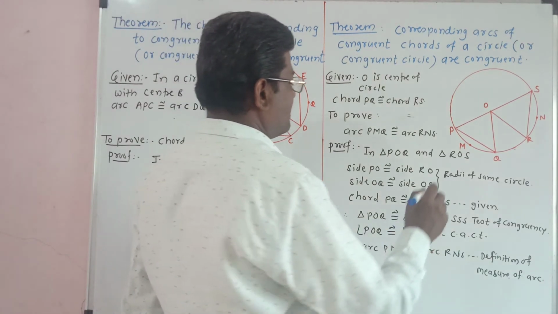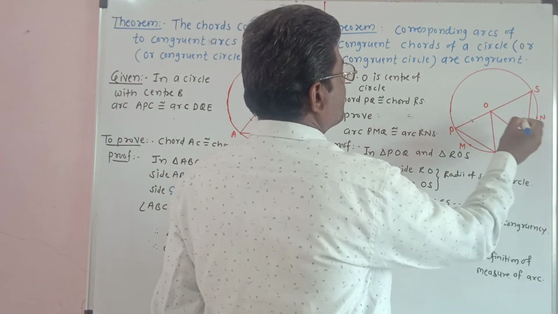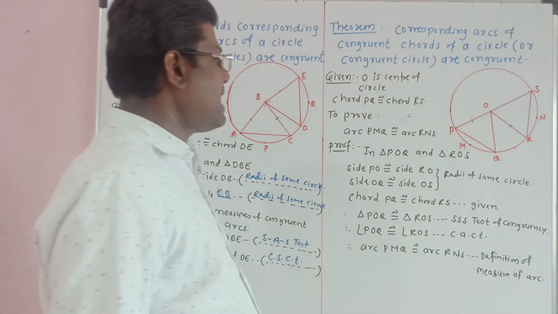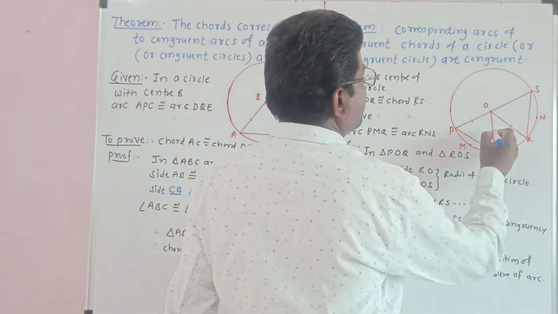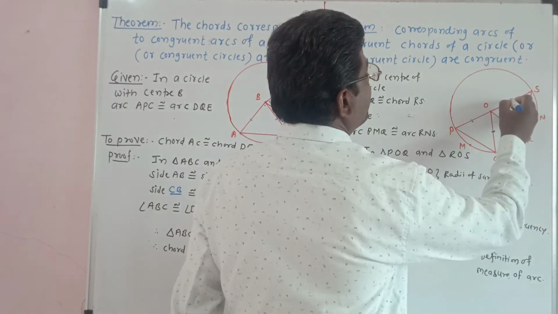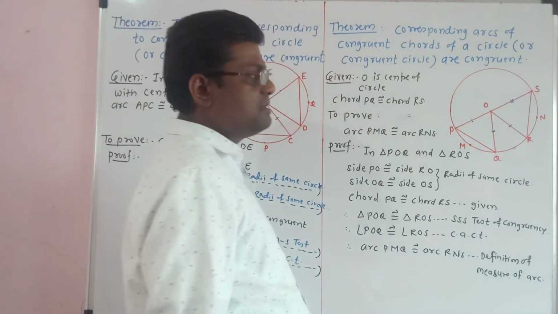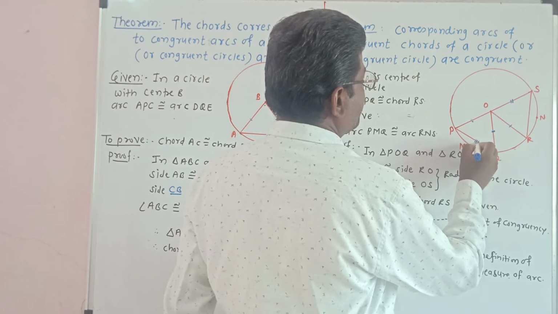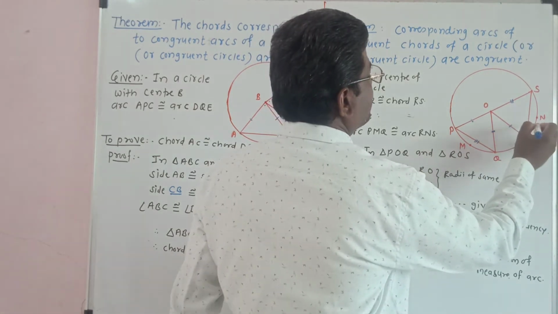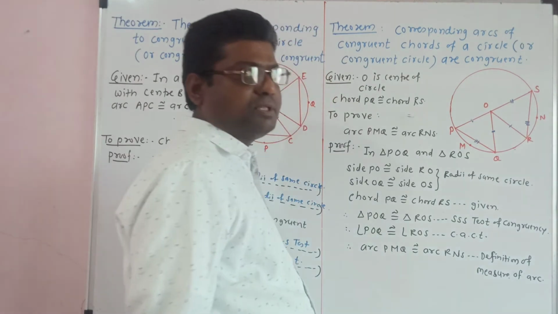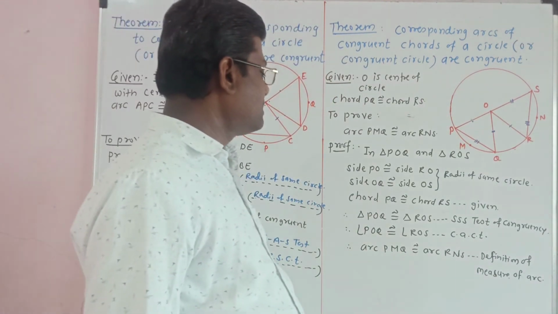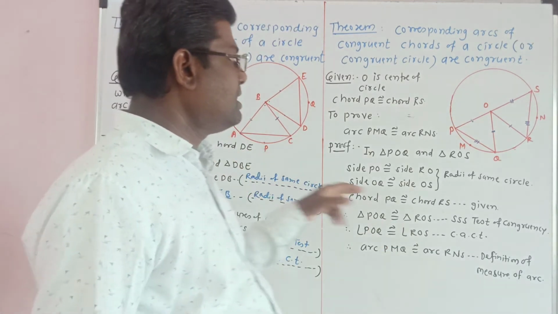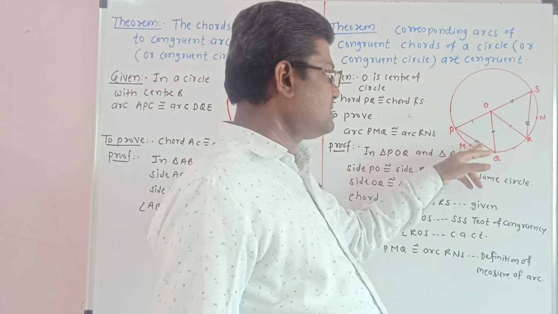In these two triangles, side PO is congruent to side RO, radii of the same circle. Then side OQ is congruent to side OS, radii of the same circle. And chord PQ is congruent to chord RS, it is given. Therefore these two triangles are congruent, that is triangle POQ is congruent to triangle ROS by SSS test.